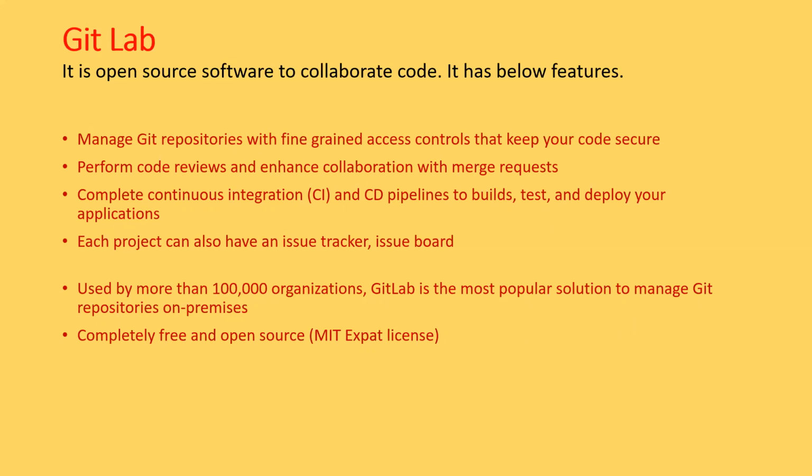And the third one is complete continuous integration and continuous development pipelines to build, test, and deploy your applications. Once you push the code changes into your Git, you will fire a trigger, a kind of hook.